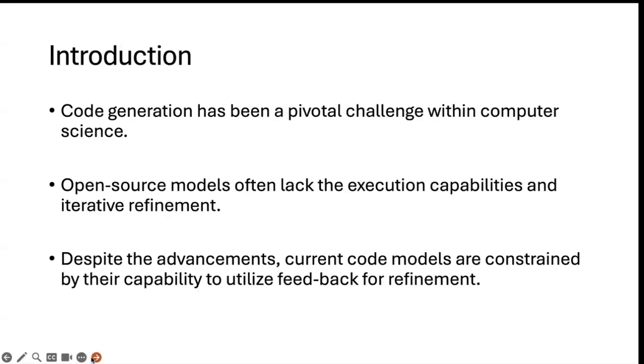So this paper deals with the use of the refinement and execution capabilities of open source models. As you can see in figure one, a user inputs, okay, implement a specific function in Python, and then the output is given, and it checks whether it has any error or not. This error is taken into account, and then a new answer is generated.